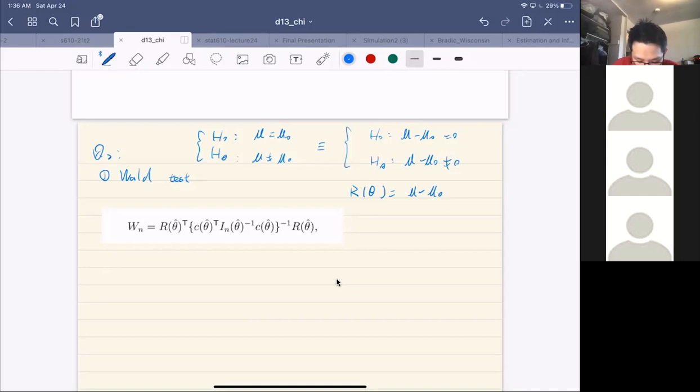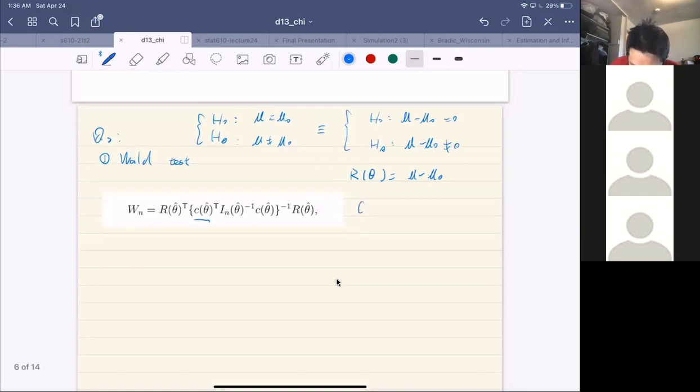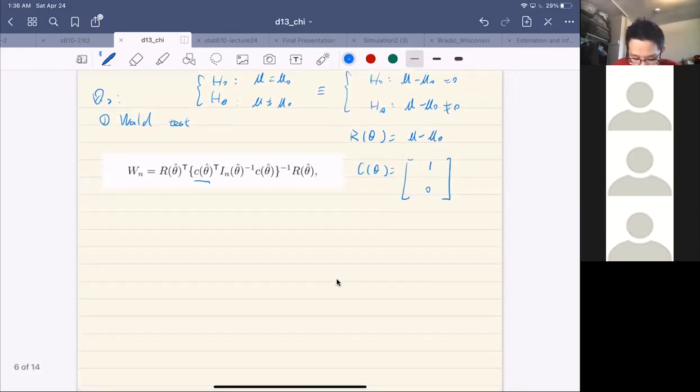If you want to find C, the derivative of R theta, the C theta will be 1, 0. Because theta has 2 parameters, if we differentiate with respect to phi, it will be 0. The S is mu and phi.